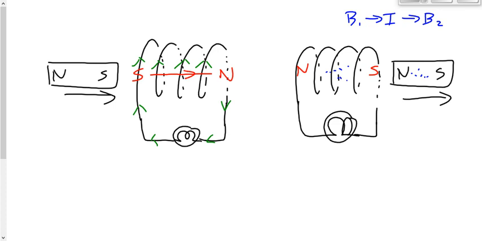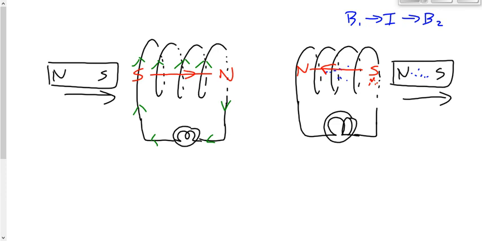Notice in the first diagram, we repelled the magnet in order to oppose the motion. But that's because I was pushing towards the coil of wire. This time I'm pulling the magnet away from the coil of wire, so in order to oppose the motion, I have to pull it back or attract it with a south pole. The magnetic field inside the coil goes from south to north.